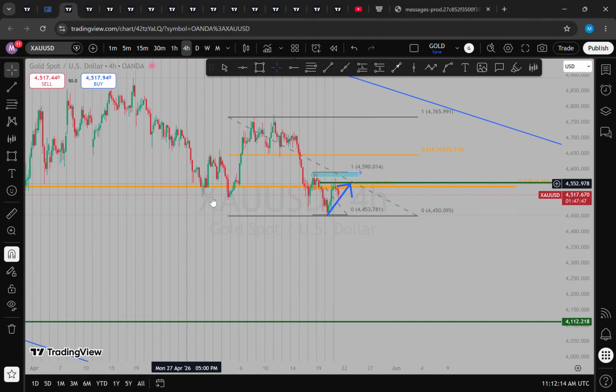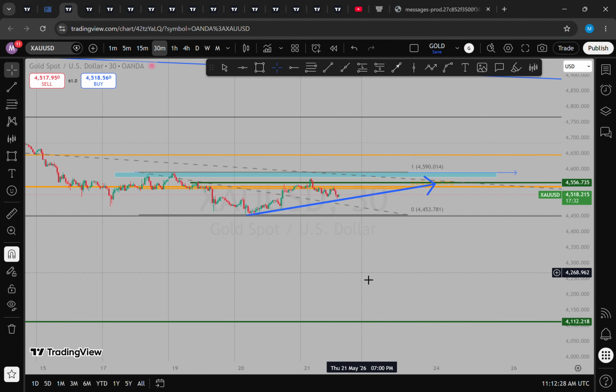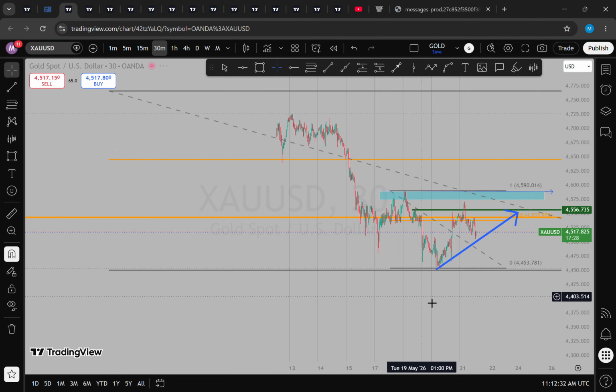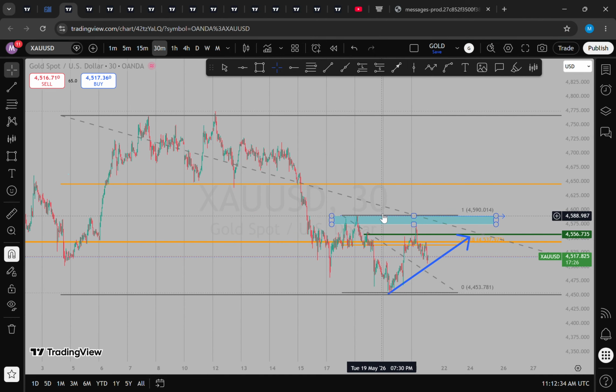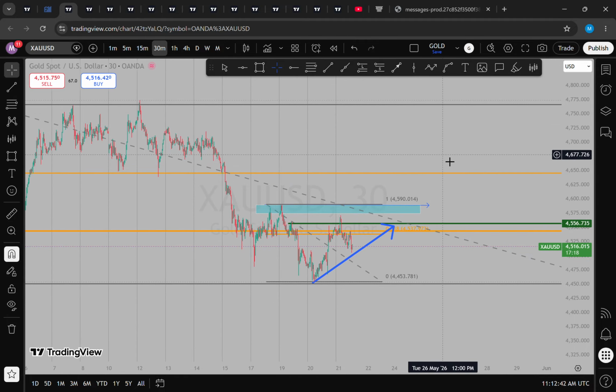Right now, if you go to 30 minutes, on our 30 minutes, price is buying. So we expect it to keep buying into the 4 hour supply zone.